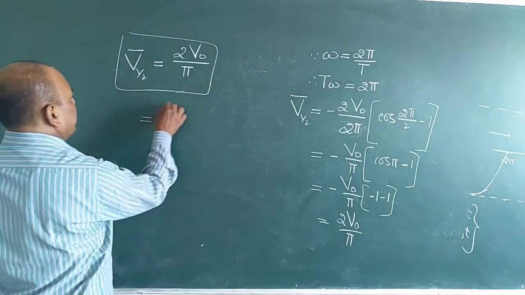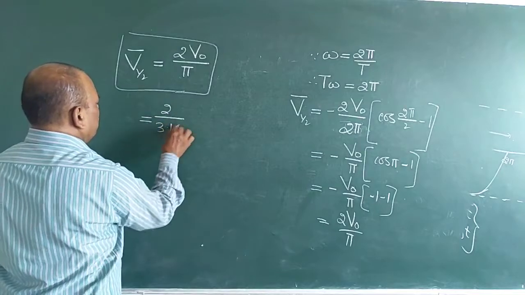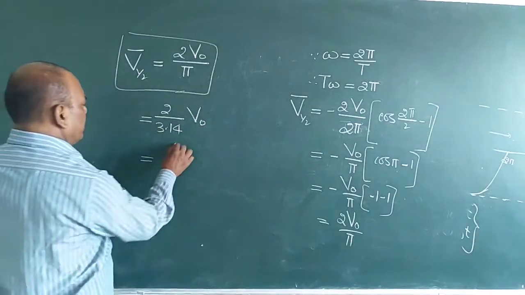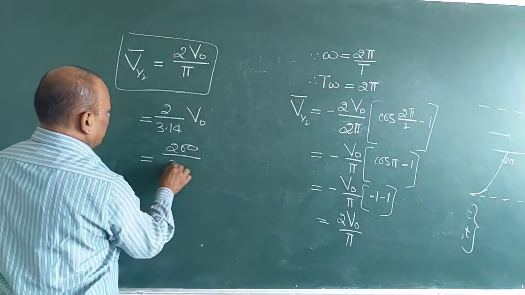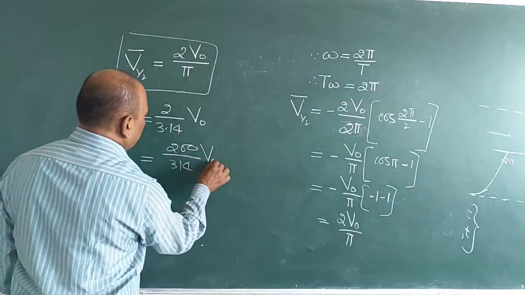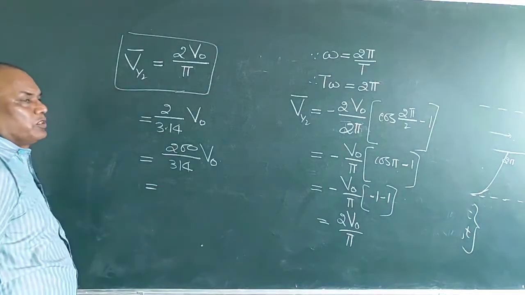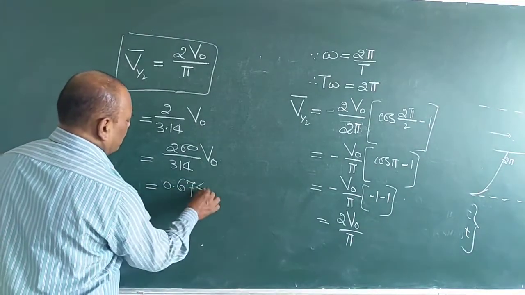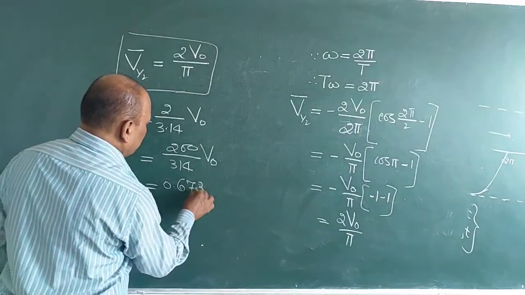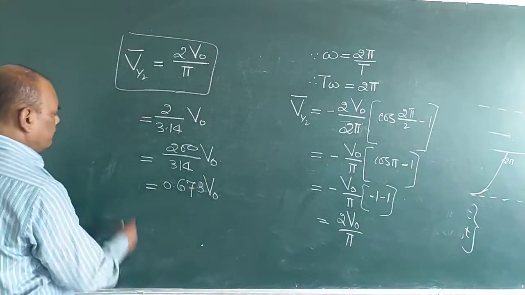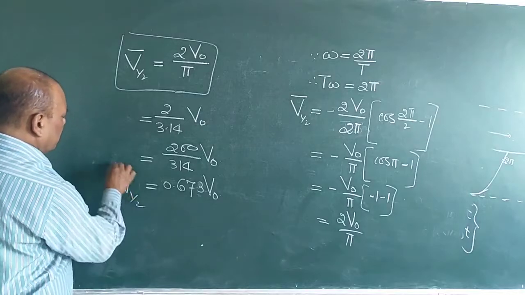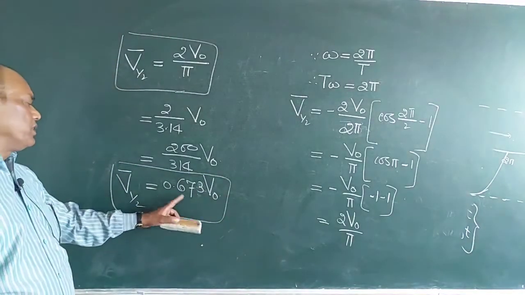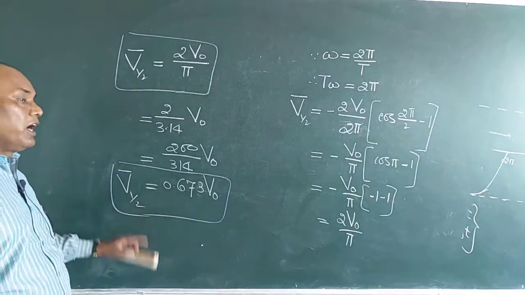This can be written as 2/3.14 V0, which after solving is 200/314 V0, approximately 0.637 V0. So this is the magnitude of V bar in half rotation.